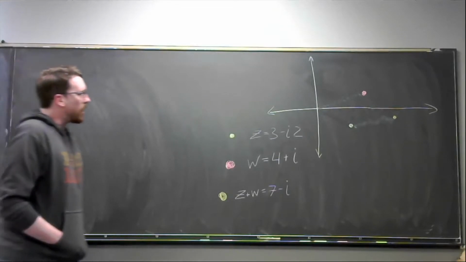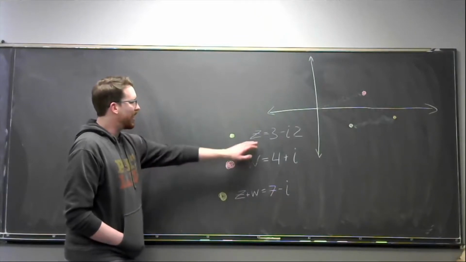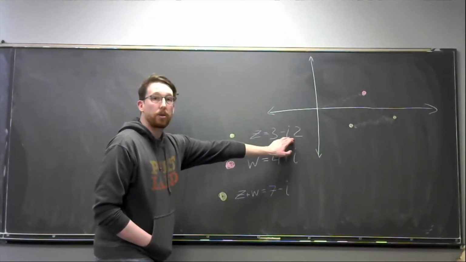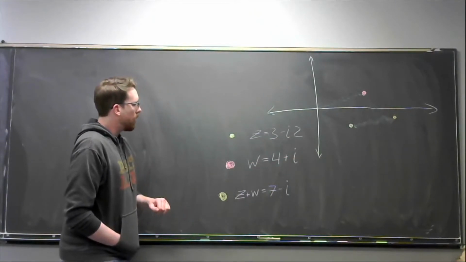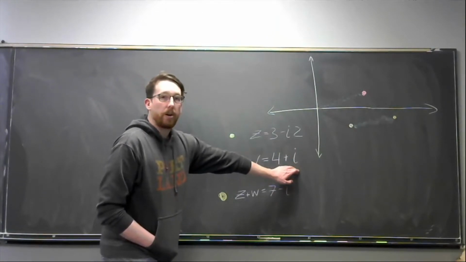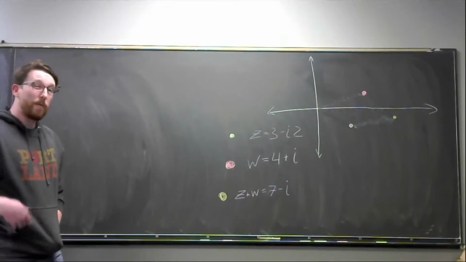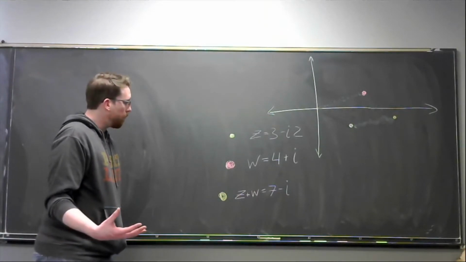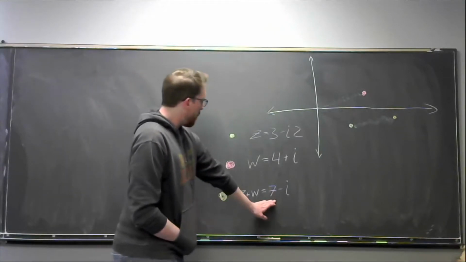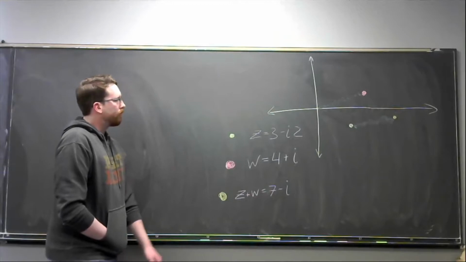So what I've got here are two complex numbers, z and w. z is equal to 3 minus 2i, and w is equal to 4 plus i. If we were to add z and w, that would come out to be 7 minus i.